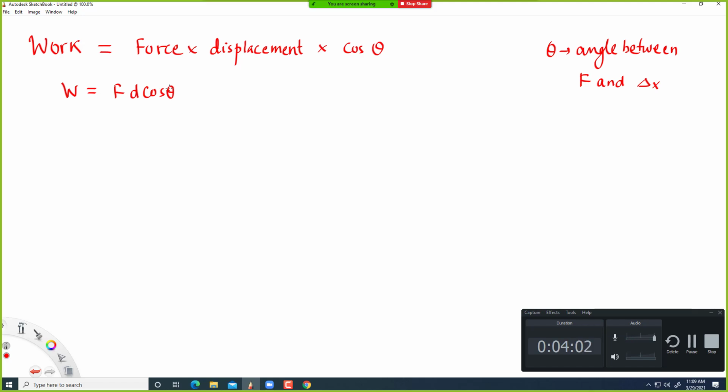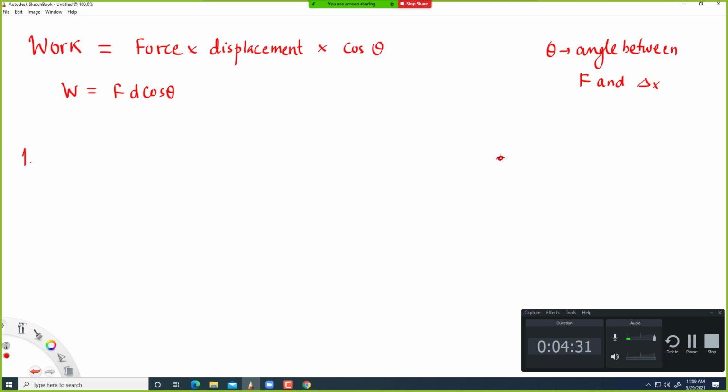If you look at number 1, it's simply an application of this formula. You pulled a suitcase at a 45 degree angle.